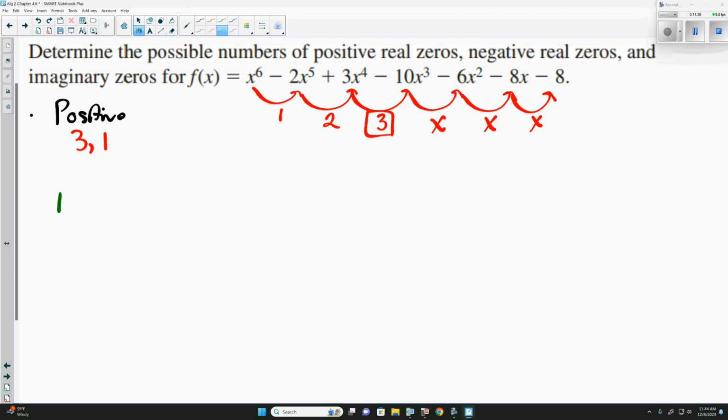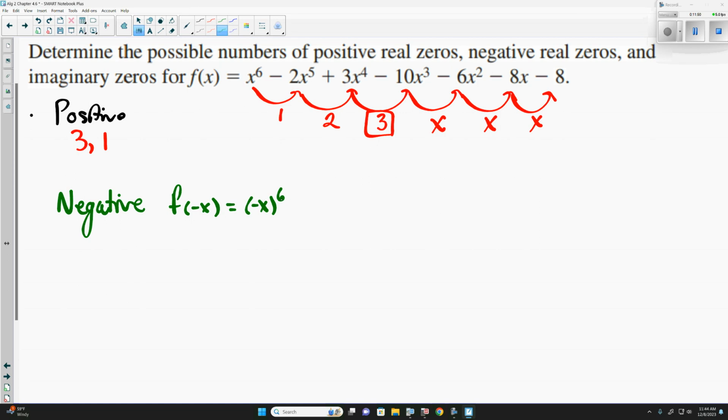Now the next part, we need to find the possible negative real solutions. And what we do for this here is we take f of negative x. And what that entails is that we're going to replace every x with negative x.